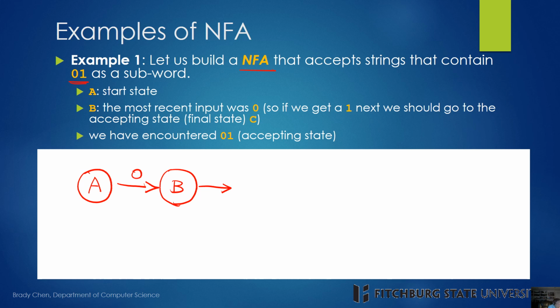We just need to find a string that contains 0 and 1. So if the next input is 1, then that leads us to another state C, which is the accepting state.